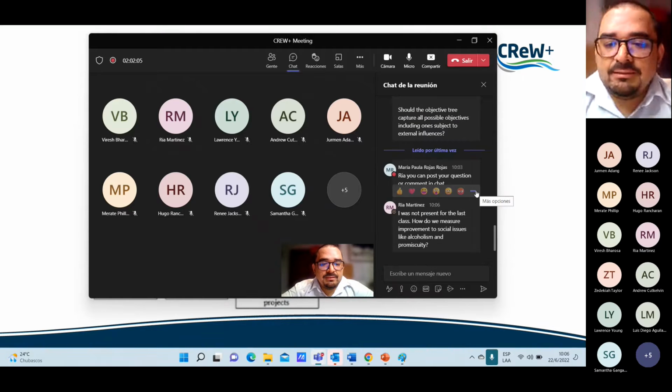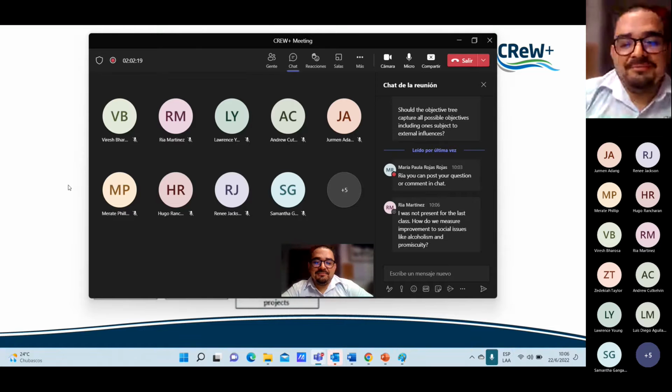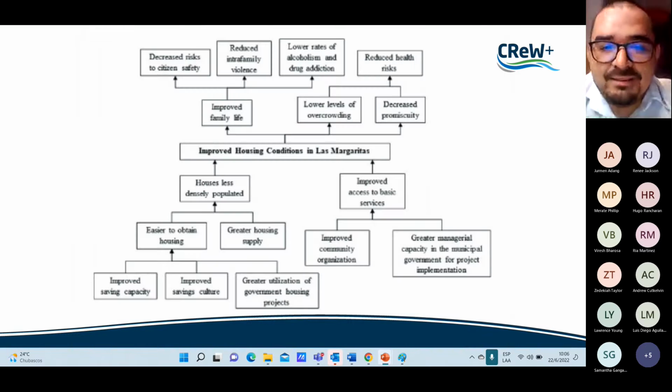Ria is writing. Well, I was not present for the last class, says Ria. How do we measure improvement to social issues like alcoholism and promiscuity? In the case of promiscuity, I have no idea how to measure the decrease. But in the case of alcoholism, drug addiction, etc., maybe the conflicts generated by alcoholism, drug addiction, and intrafamily violence have an echo in the police office.